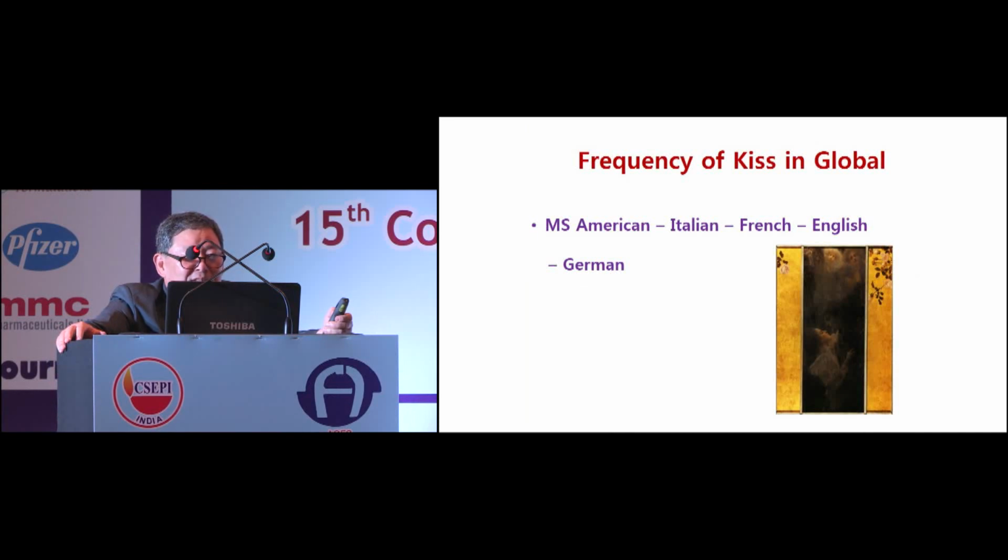On frequency of kiss globally, Mid-South Americans perform kiss most frequently in their life, followed by Italian, French, English, and German. So Western country people perform the kiss more than other continental peoples.